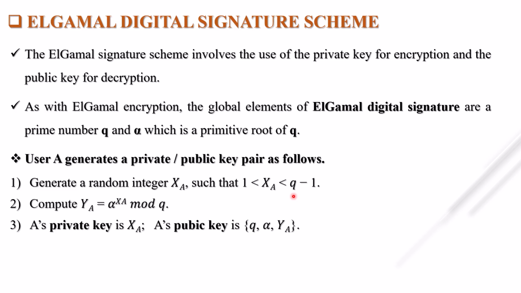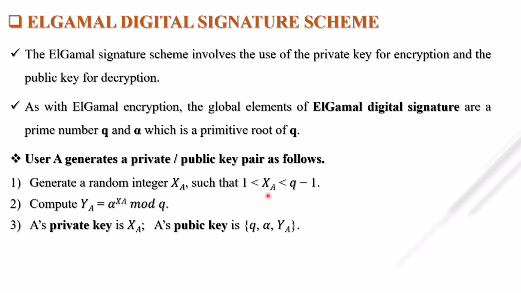Okay. So first, generate a random integer xa, but it has a condition: xa is greater than 1 and less than q minus 1. Suppose our prime number is 19, then xa must be greater than 1 and less than 18.